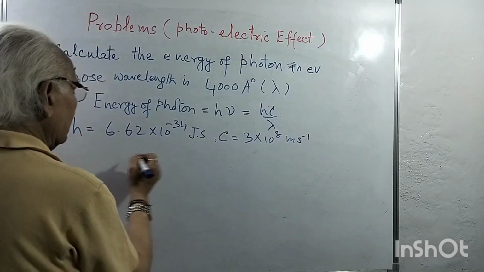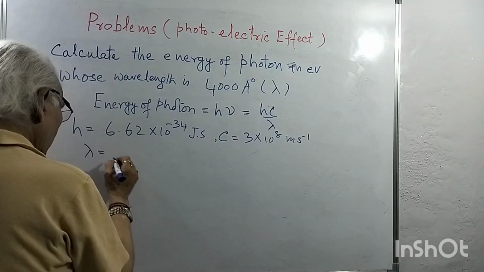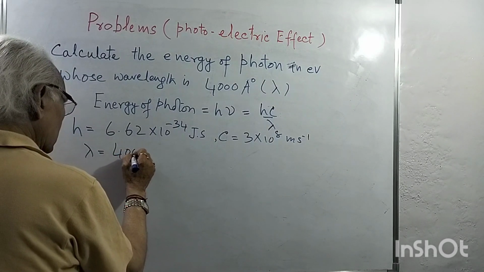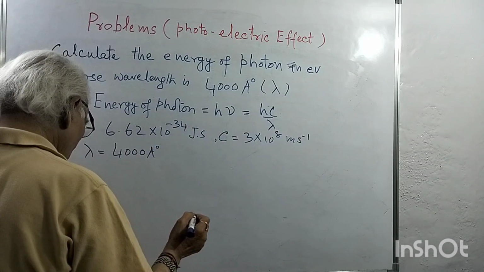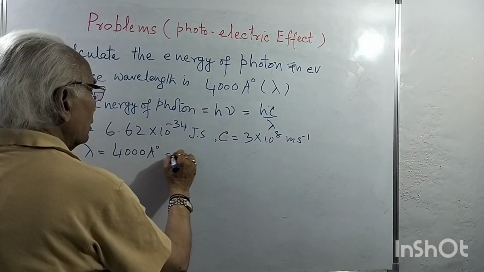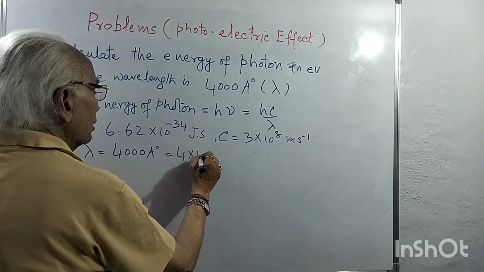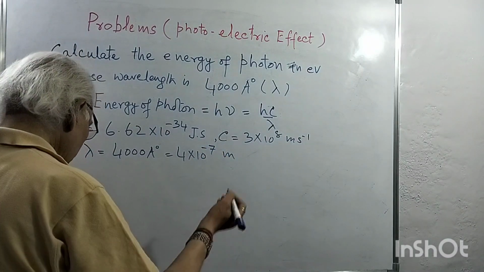And lambda is given as 4000 angstrom. That means lambda is equal to 4 into 10 to the power minus 7 meter. So these are the data.